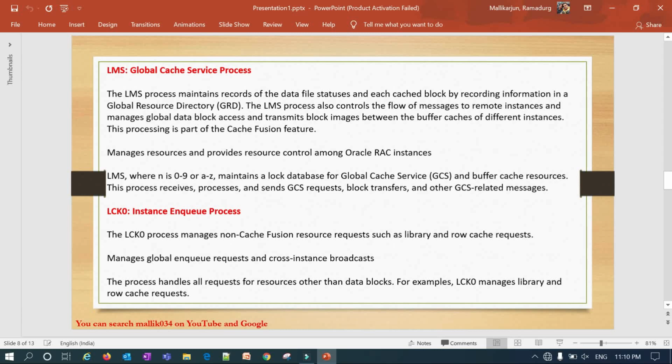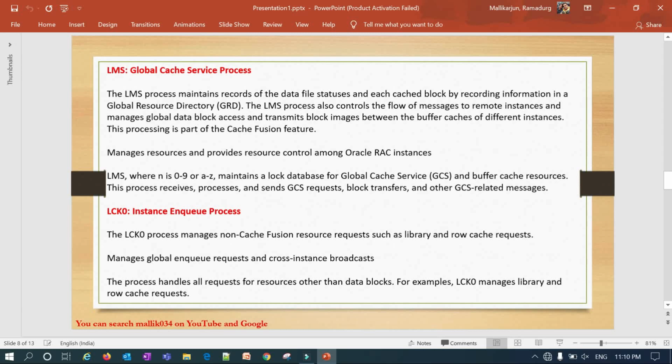So just the difference between LMS and LCK: LMS is for cache fusion, transmitting the data block from one instance cache to the other instance cache, and LCK transmits information from one instance to another which is not a data block, that is library, row cache, or any dictionary object, right?